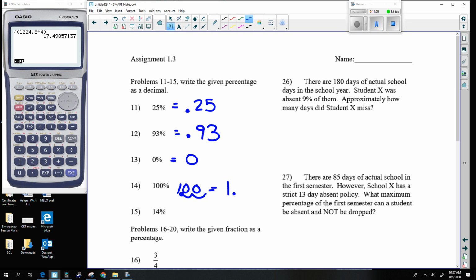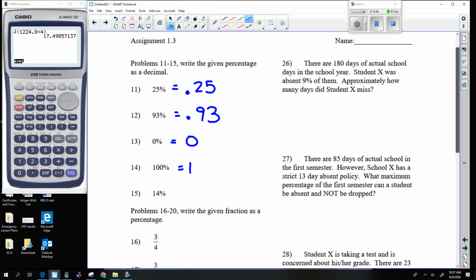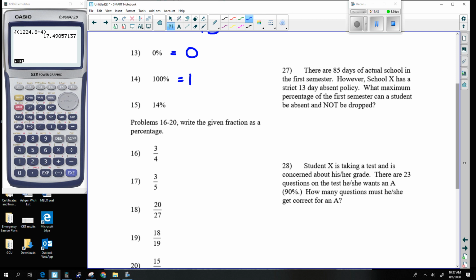The decimal is dropped right there, and then there's zeros to follow. Okay, so it's just 1. And 14%, move it 2 decimals, 0.14. Okay.